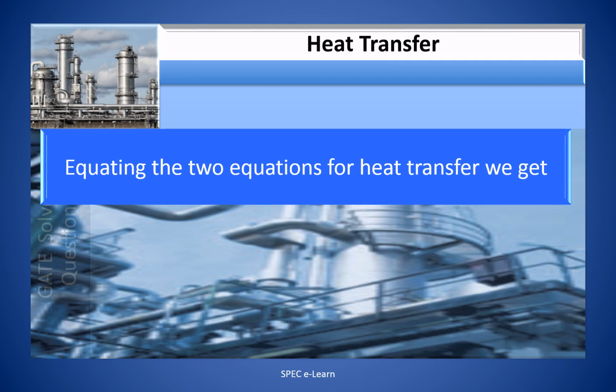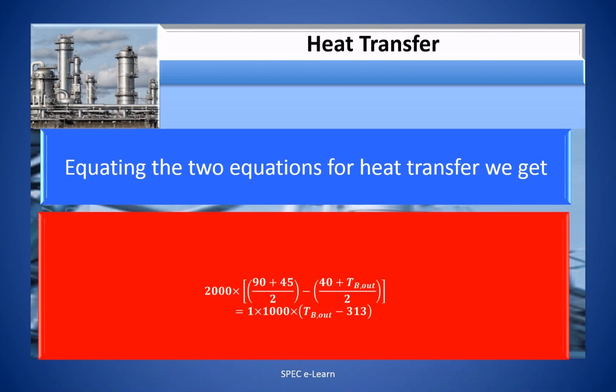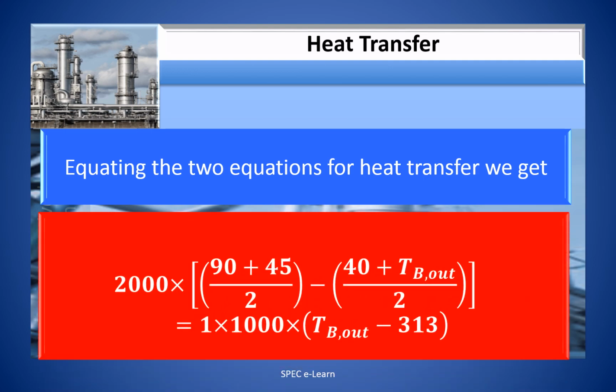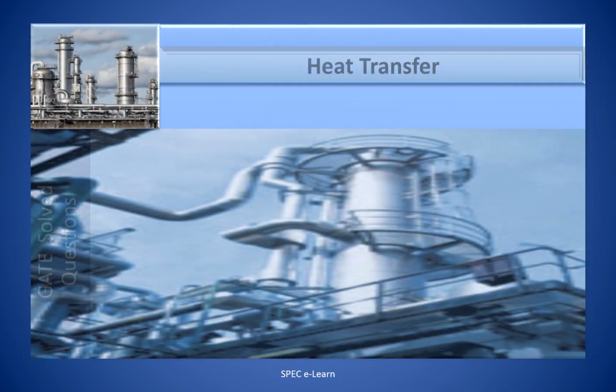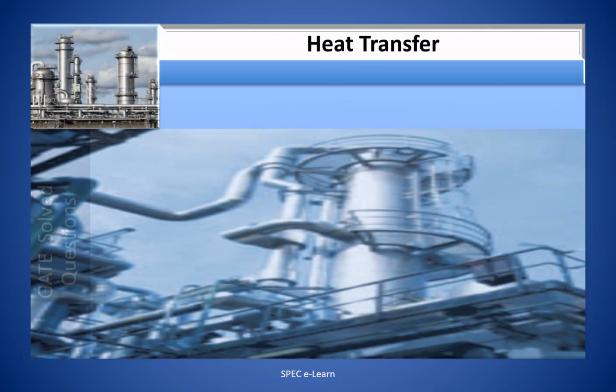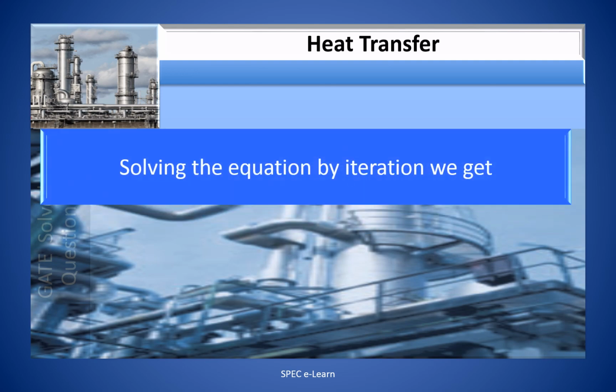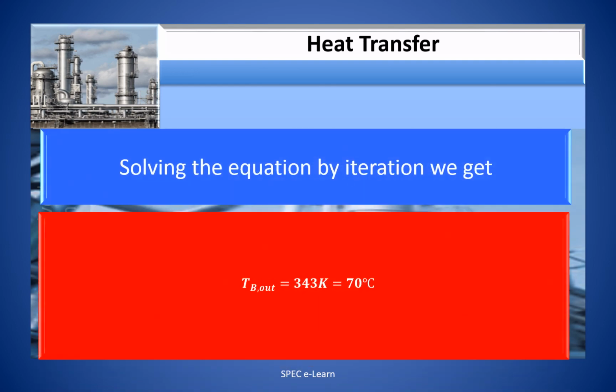Equating the two equations for heat transfer, we get 2000 times ((90 plus 45) divided by 2 minus (40 plus TB out) by 2) equals 1 times 1000 times (TB out minus 313). Solving the equation by iteration, we get TB out equal to 343 degree Kelvin, which equals 70 degrees centigrade.